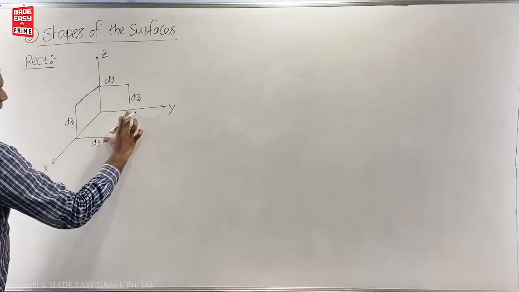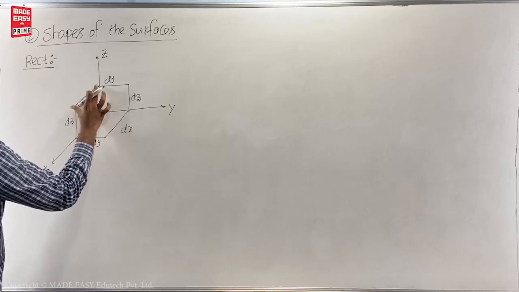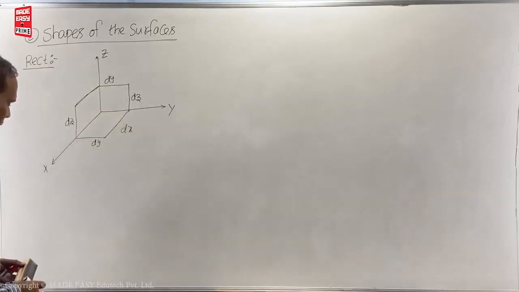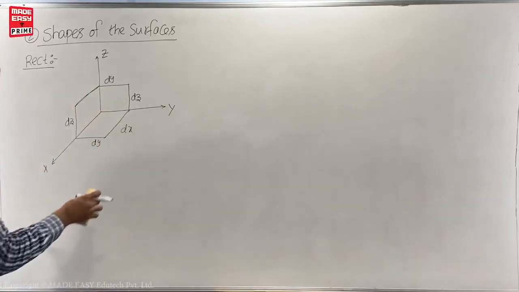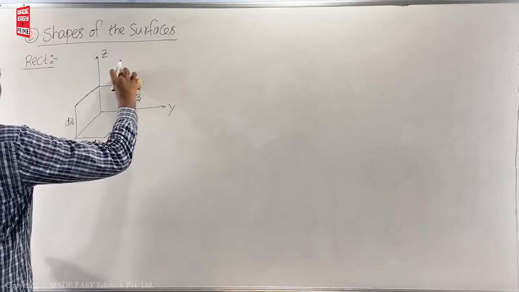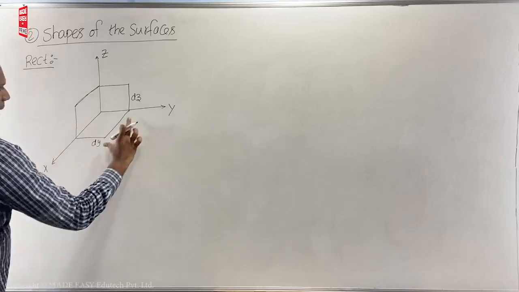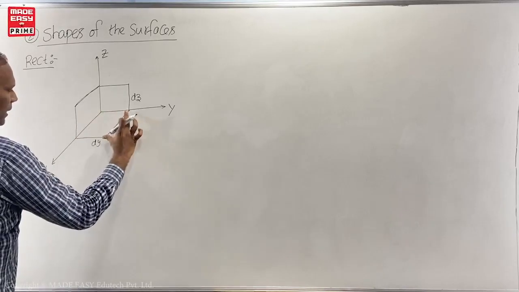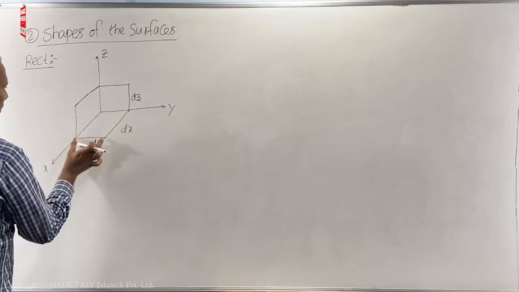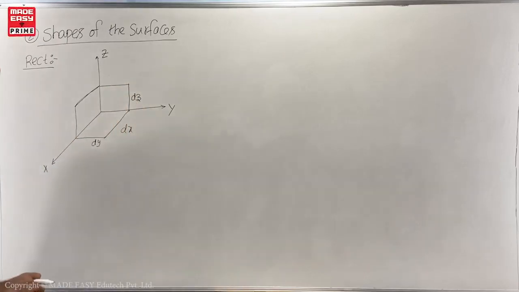Now this one is dx, and parallel to this dx, this is also dx. Anyway, no need to write at so many locations, so I will remove them. So parallel to the x-axis, a small length I have taken, dx, and this is dy, and this is dz.